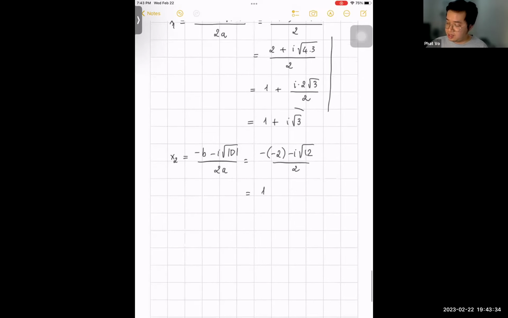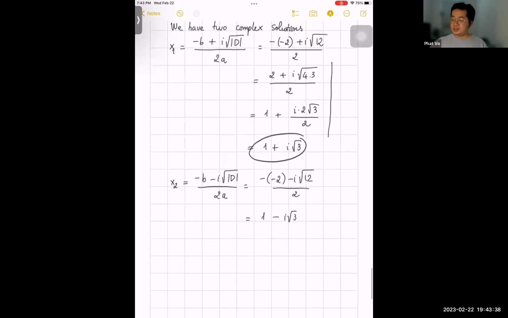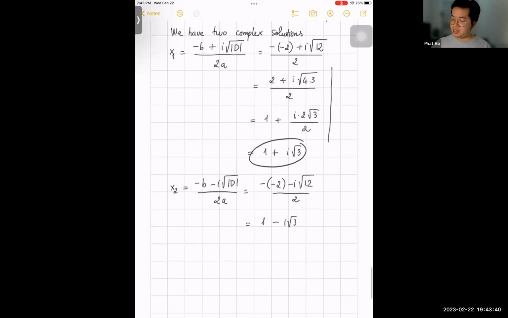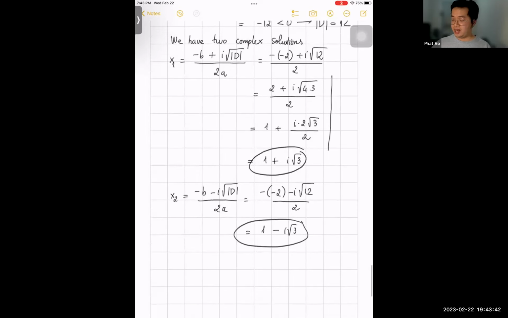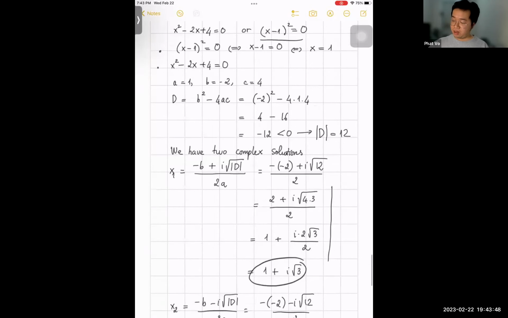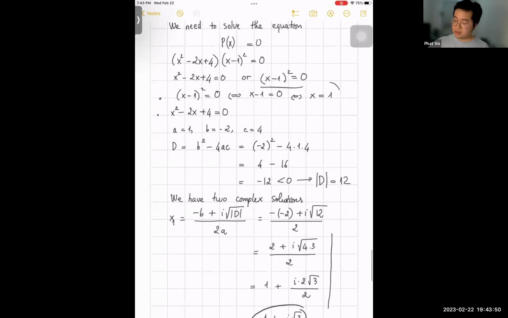Sorry, is it plus? And this is minus. Okay, so we have two solutions here: 1 plus i times the square root of 3 and 1 minus i times the square root of 3. And we have one more solution we saw at the beginning, which is 1.